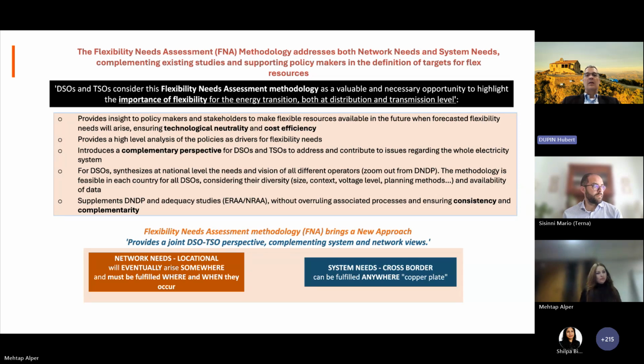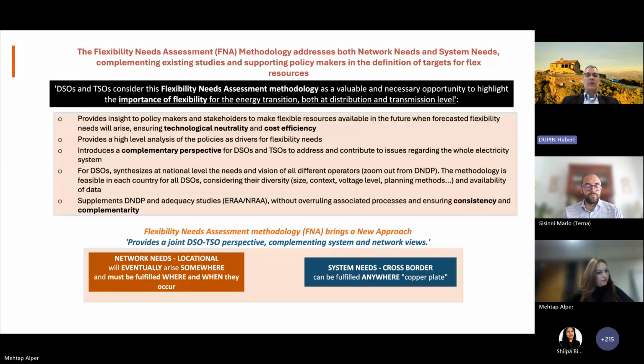There are many studies existing out there, but yes, this study will make an additional contribution. And indeed, it is intended to provide information to policymakers in the definition for flexibility resources.